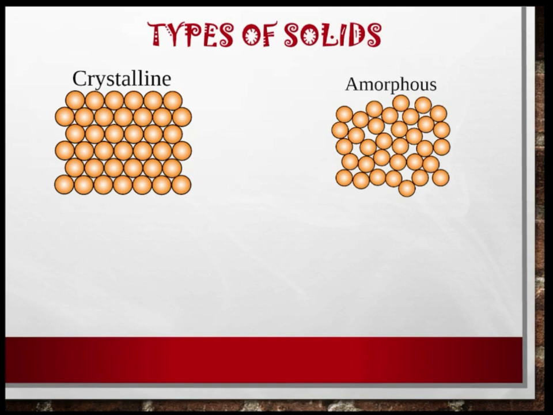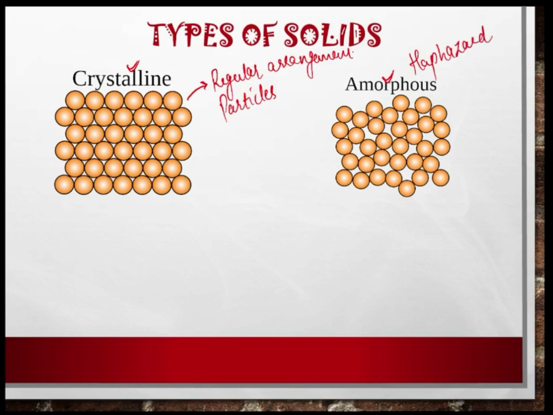We can see that there is a much regular arrangement of the particles in case of crystalline solids, whereas in case of amorphous solids there is a lot of haphazard arrangement of the particles. That's what this picture is depicting, and that is exactly what a crystalline and an amorphous solid is.